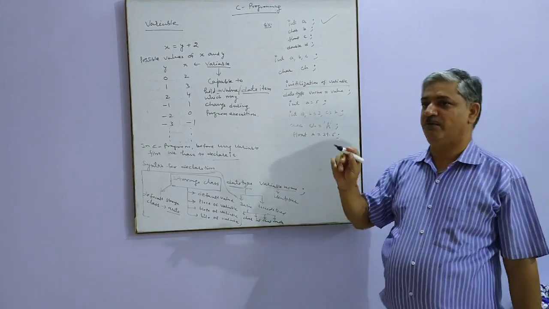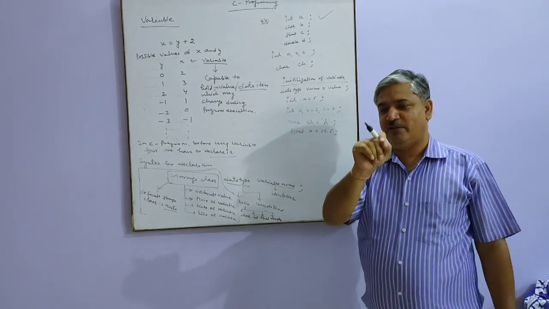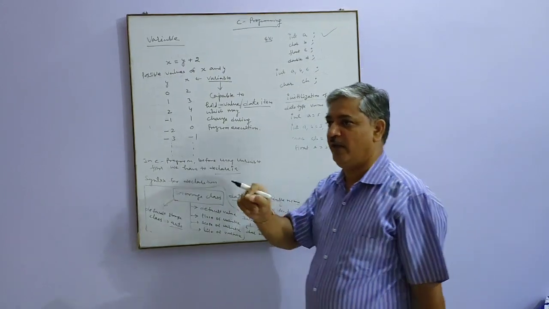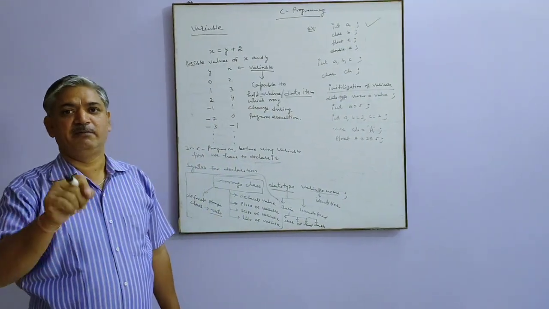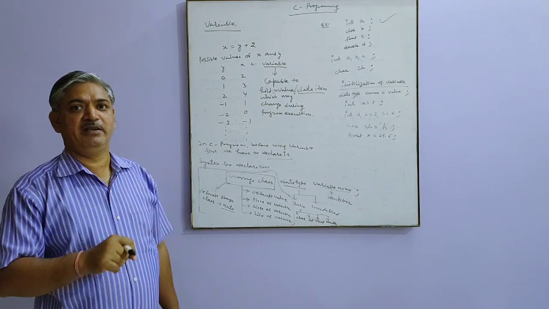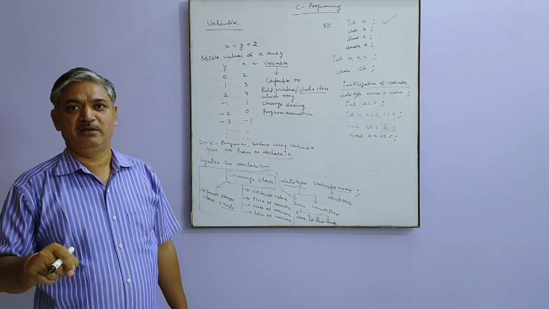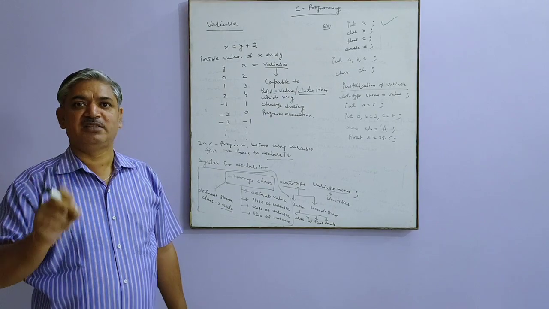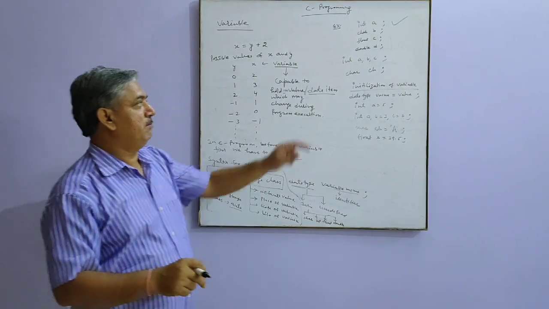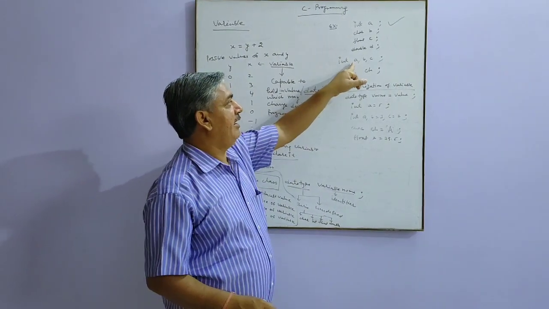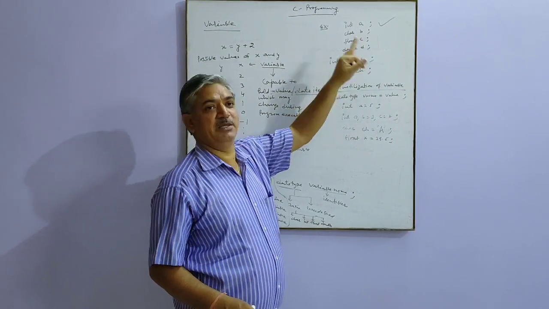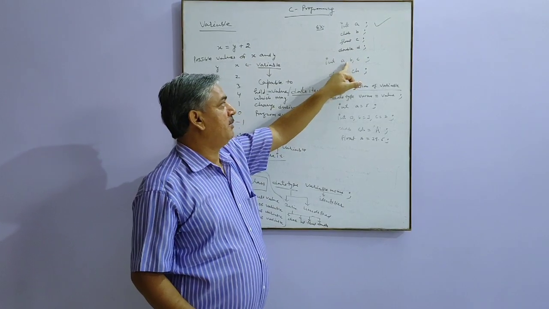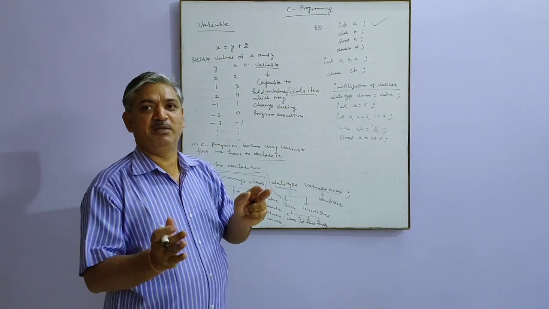One method is to first declare int A semicolon, then in the next line int B semicolon, and in the next line int C semicolon. Instead of writing these three lines, we simply write int A, comma, B, comma, C and semicolon. So this comma operator is used to separate the variables.